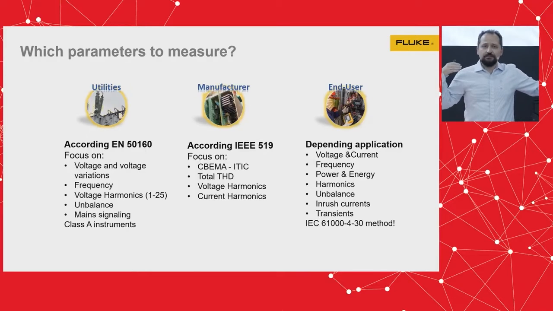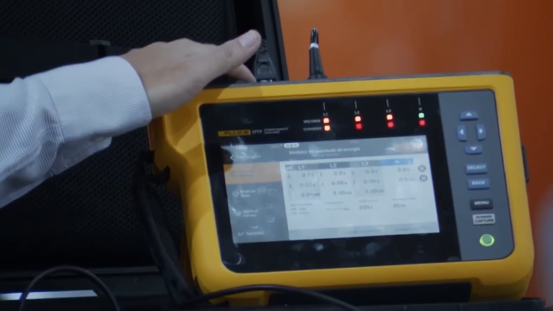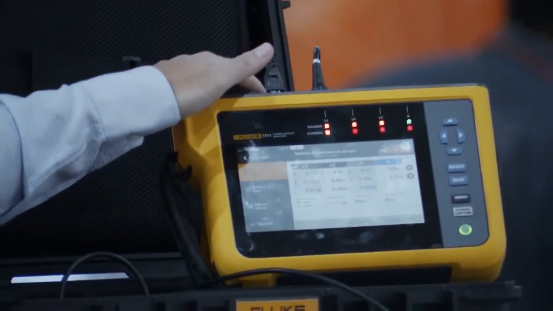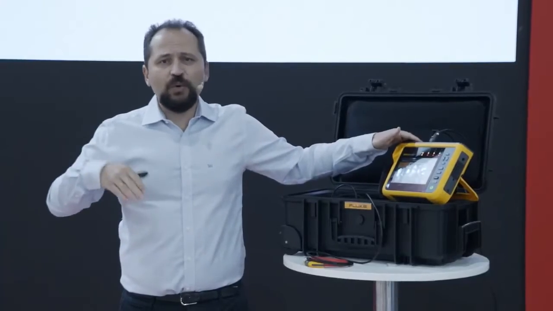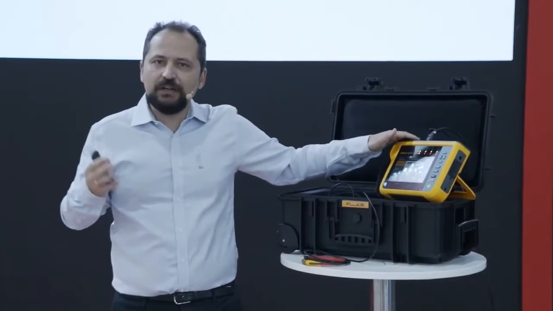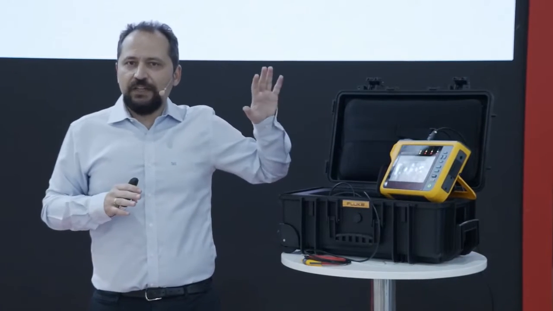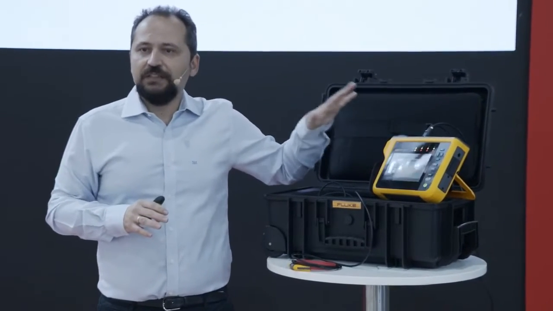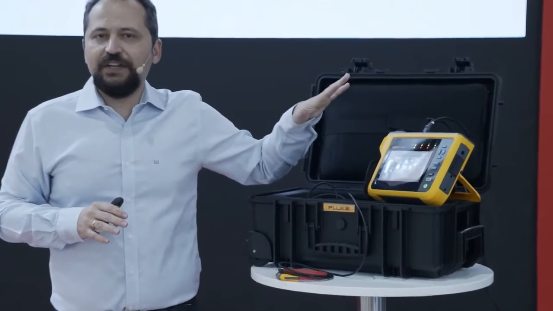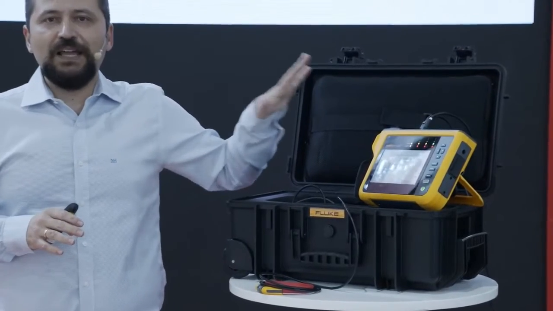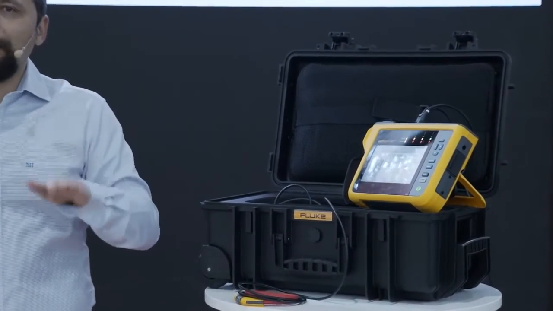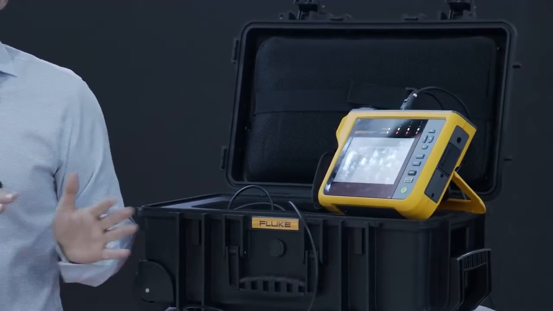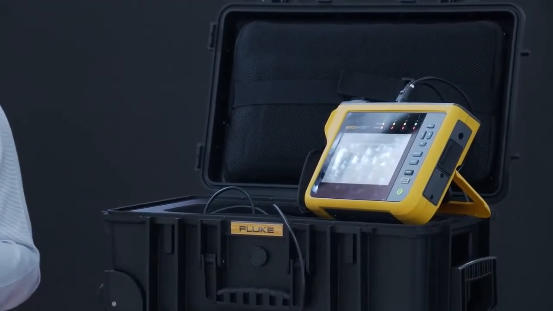You are providing me with an incorrect voltage signal. It's not a sine wave. You are providing me with lower voltages or harmonics or whatever I can detect. They will be asking me, okay, how did you take those measurements? Did you use this given standard? So we need to comply with those standards to make sure that we compare measures against those standards and make sure that those are valid.